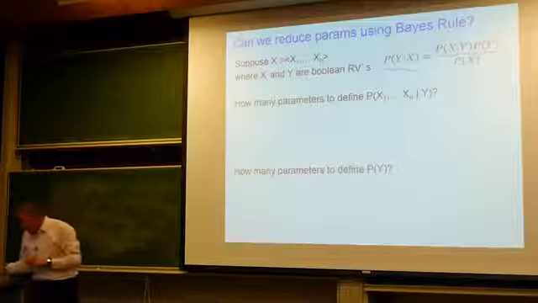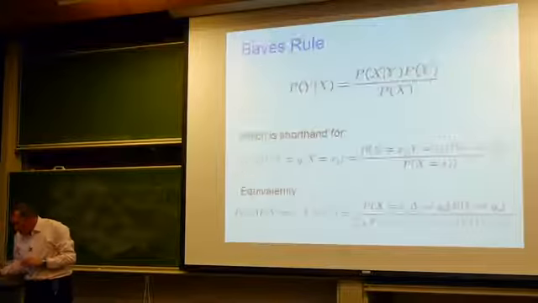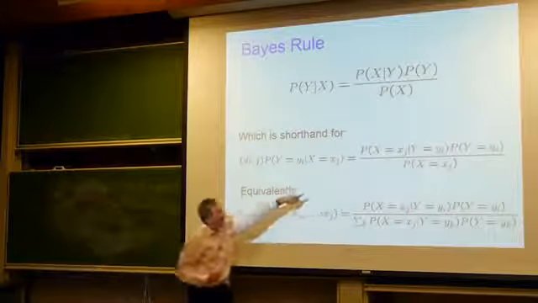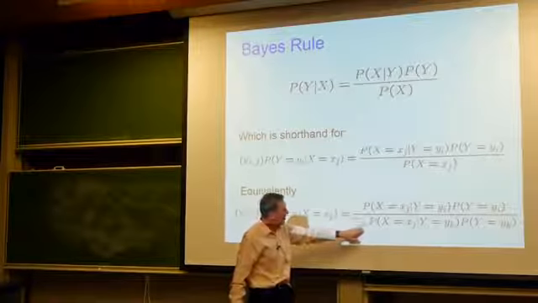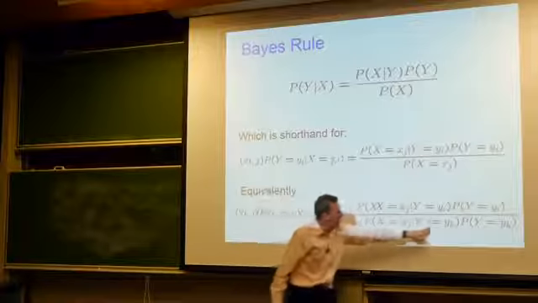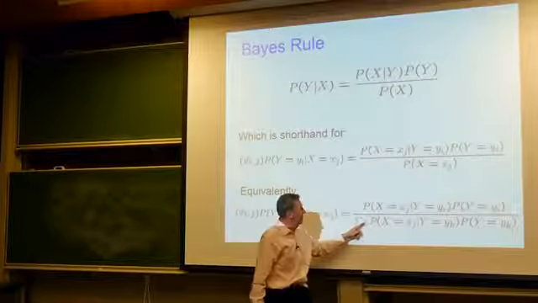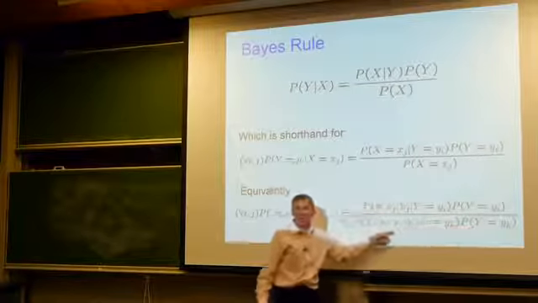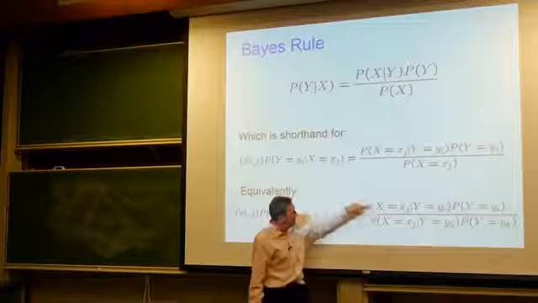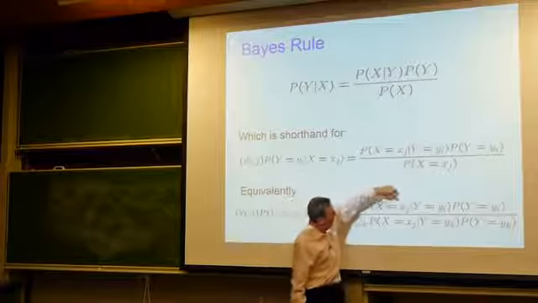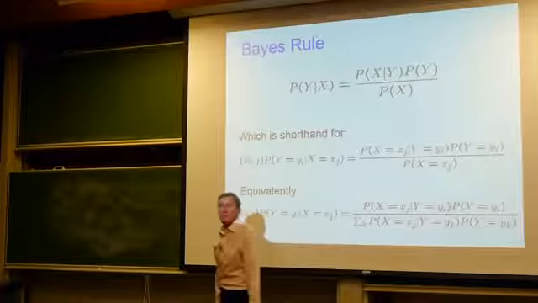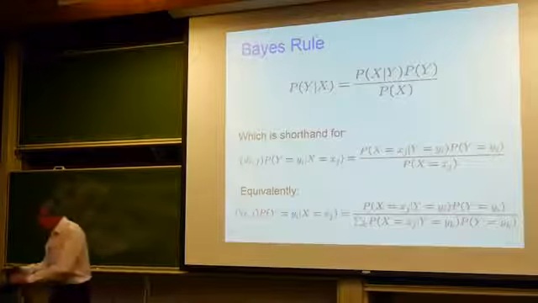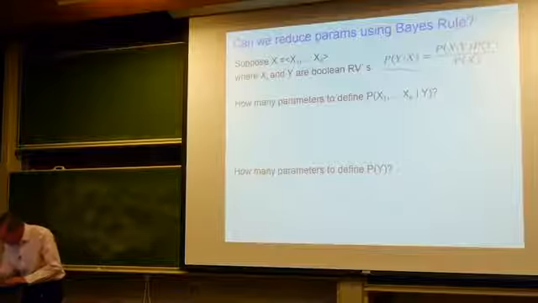The other way to say it is P of x is just equal to the sum over all the values y can take on of this expression. And so if we just estimate P of x given y and P of y, we can use it to calculate the denominator too. Okay, so if we want to get this, what we really need to estimate is this and that.